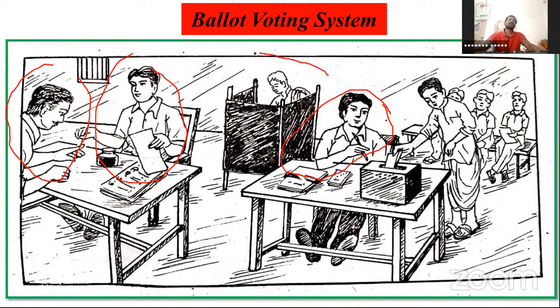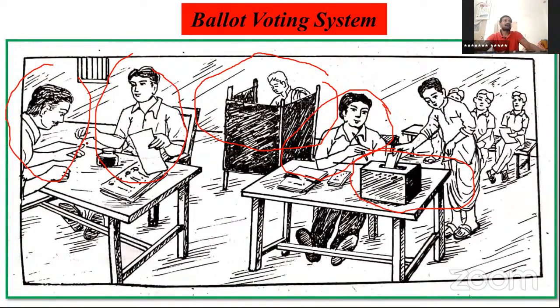This is a voting compartment. This is the ballot box. We are going to discuss the ballot voting system. At the first general election, and nowadays also, we are using the ballot voting system. Recently we have done GHMC elections also. See this picture carefully.